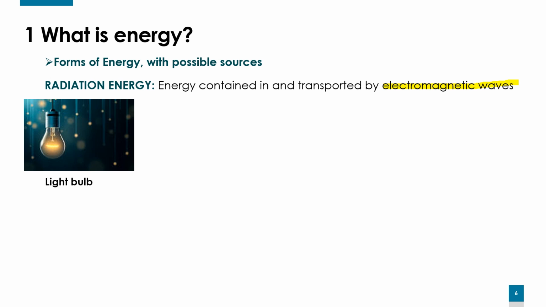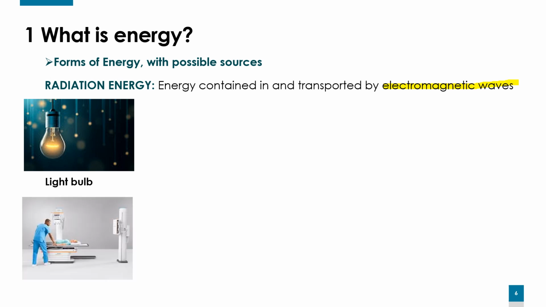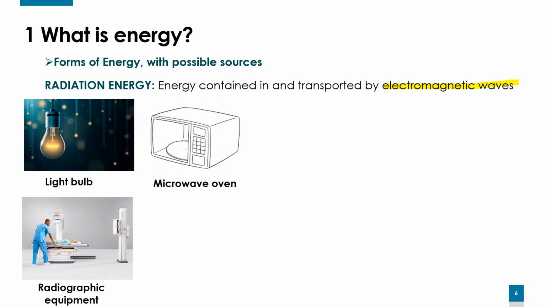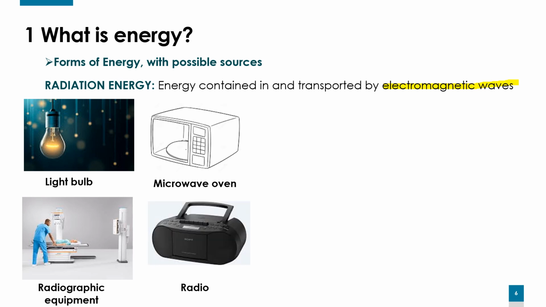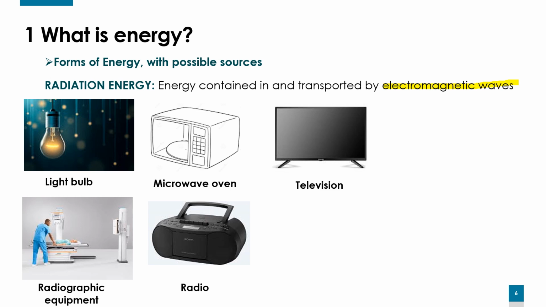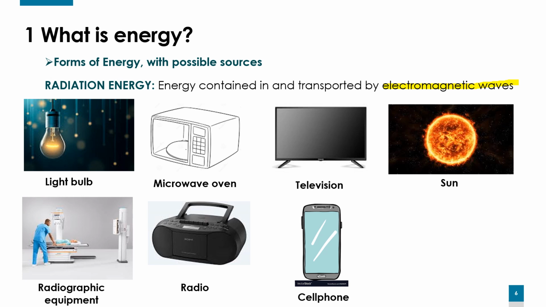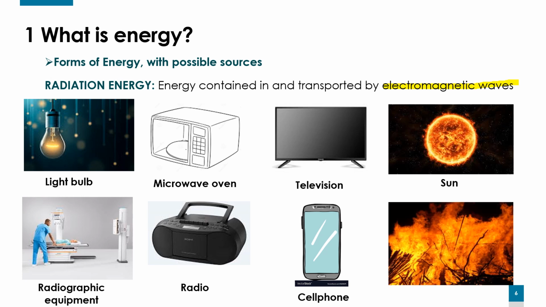For example, this happens in a light bulb, radiographic equipment, our microwave, radio, television, our cell phone, the sun again. The sun has thermal energy but also radiation energy. The UV lights, for example, are an example of radiation energy. And the fire again, because fire liberates thermal energy but also radiation energy.